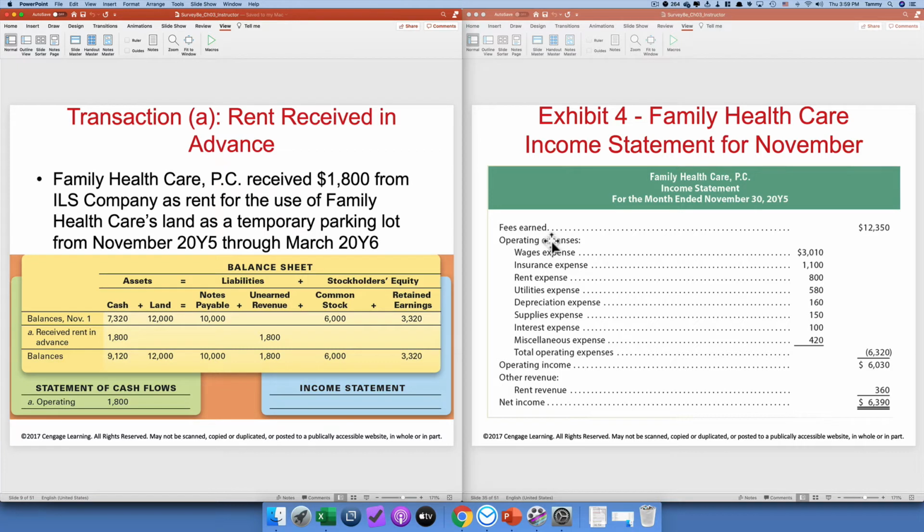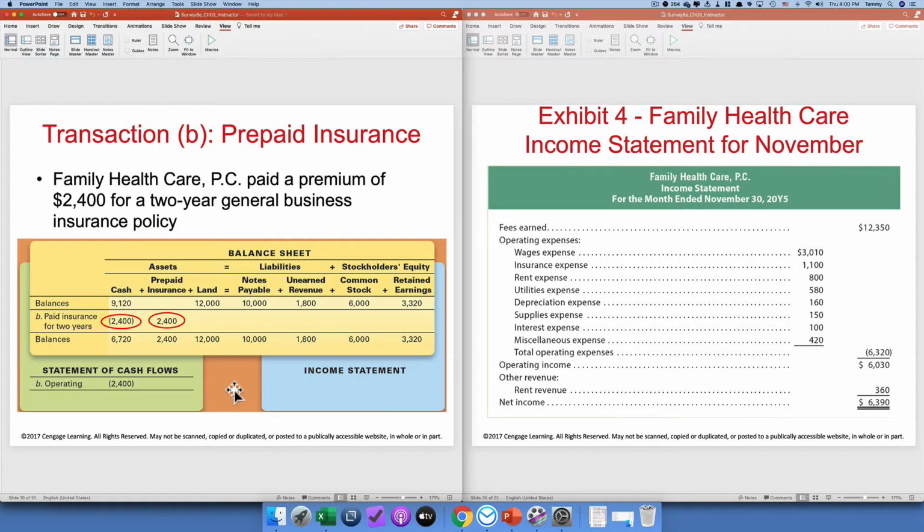So right here, we received $1,800 as rent for 5 months worth, but nothing has been earned yet. This rent was prepaid. It's unearned revenue, prepaid by the customer, so it does not show up on the income statement. There's nothing over here.